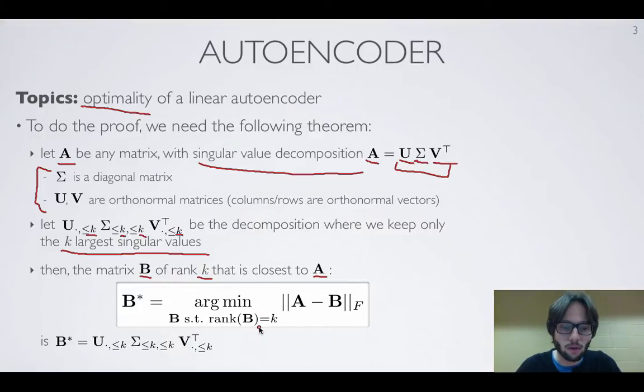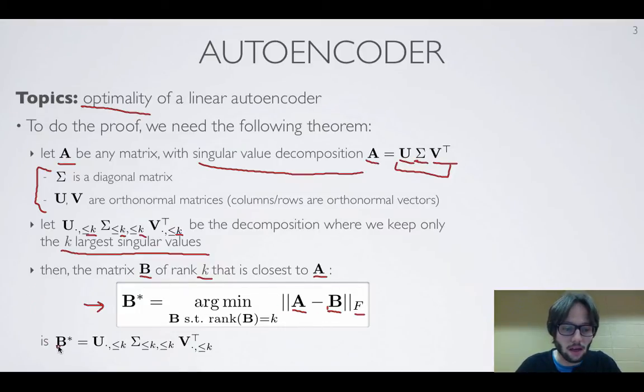And we want to find the approximation that minimizes the Frobenius norm between A and B, so the approximation B that is closest to A according to the Frobenius norm. So that's what is stated here: the argmin over matrices B, with the constraint that B needs to be of rank K, of this expression here.